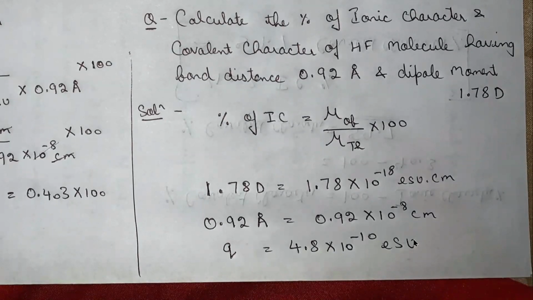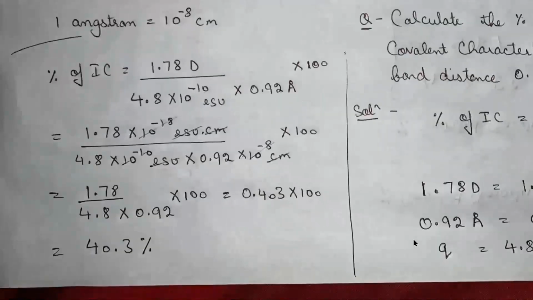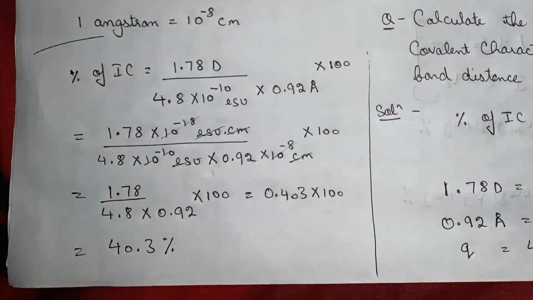power minus 10 ESU. After putting these values in our formula, percentage of ionic character is equal to 1.78 debye, which is 1.78 into 10 raised to power minus 18 ESU centimeter, divided by 4.8 into 10 raised to power minus 10 ESU into 0.92 into 10 raised to power minus 8 centimeter, multiplied by 100 so we can get the value in percentage.